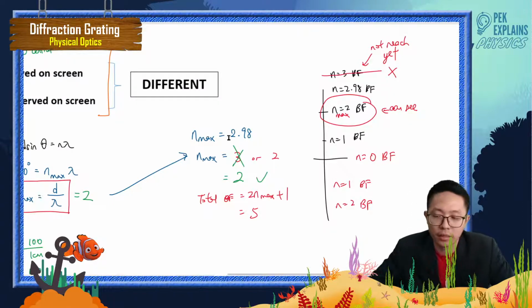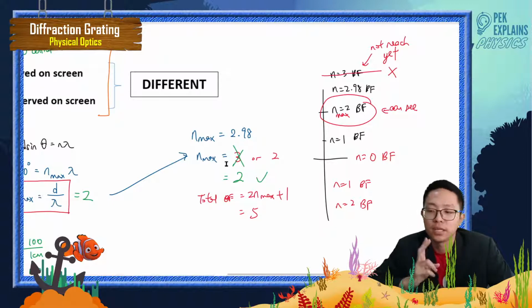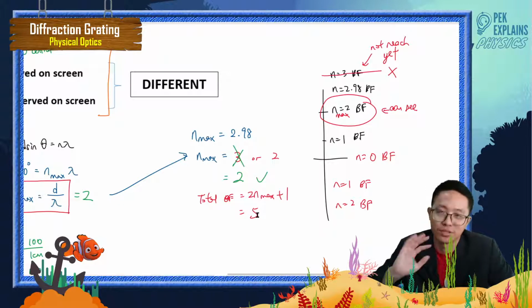So if you got the order equal to 2.98, the question asks you to find the maximum order, which is just 2, not 3. And to find the total bright fringe that can be seen on the screen, it is 2 multiplied by 2 plus 1, 5. It's not 2 multiplied by 3 plus 1, which becomes 7, which is wrong.